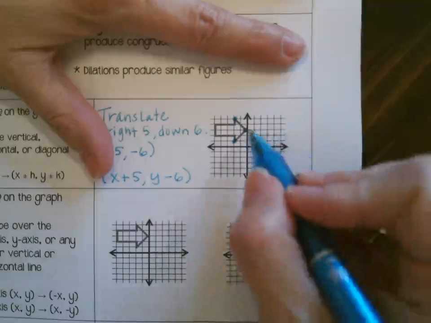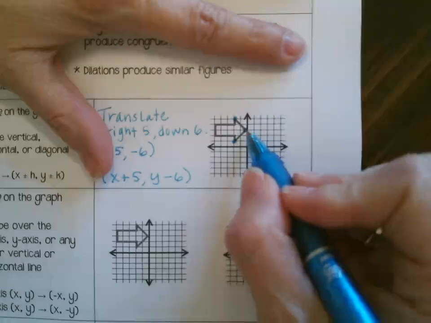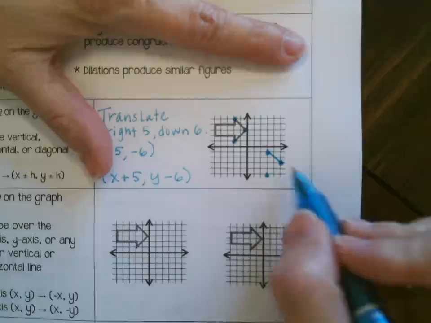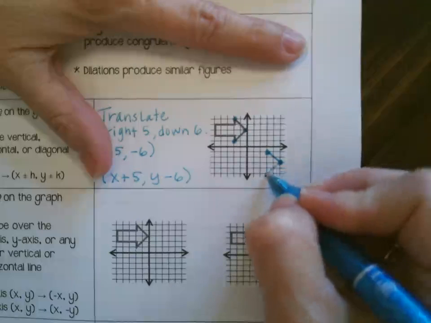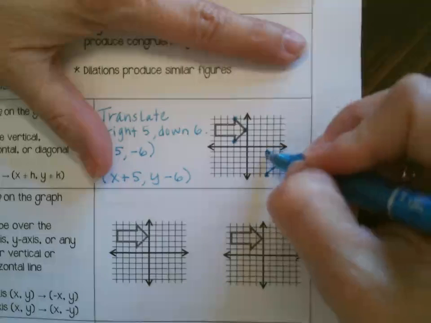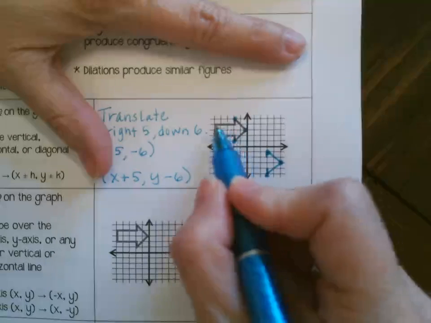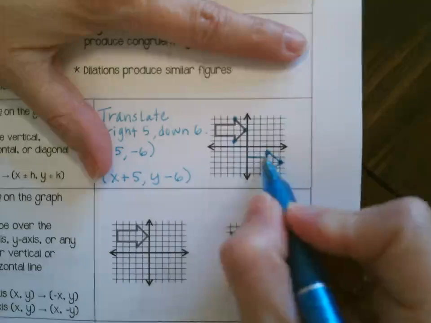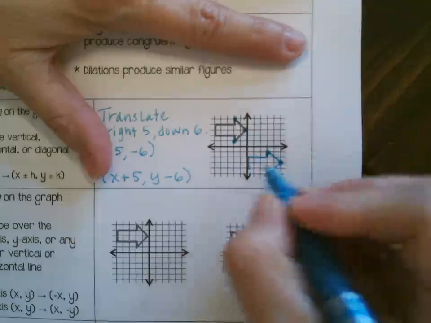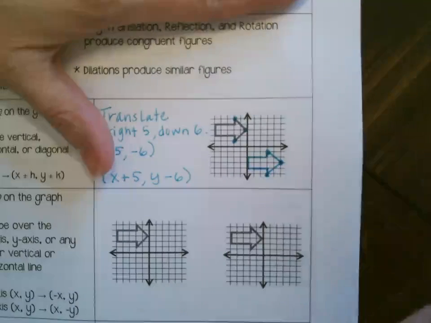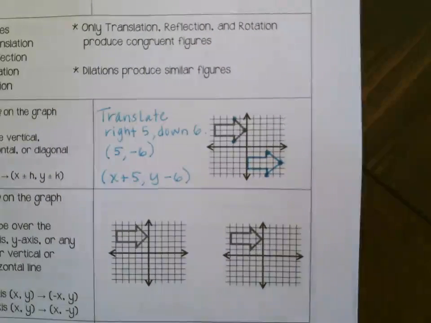And then to get from this point to this point, I'm going down 2 and left 2, which is what happened right there. And really, from here, I can probably just sketch the rest of my shape. I need to go 3 spaces out, and then down, and then back. So that's a translation of 5, negative 6.